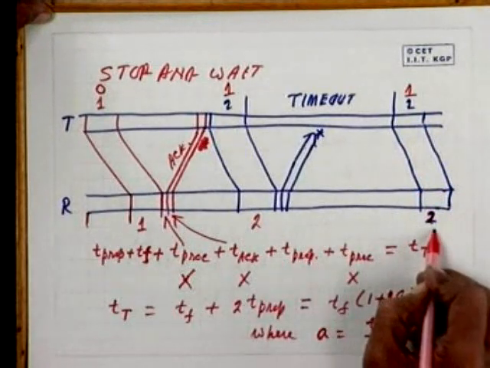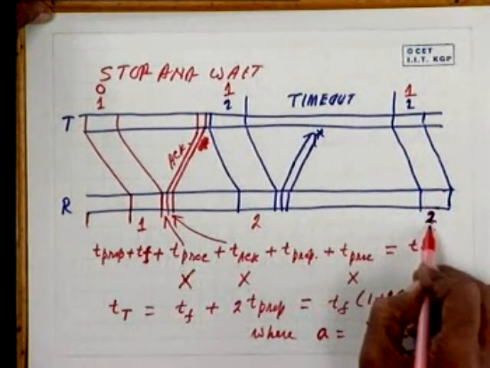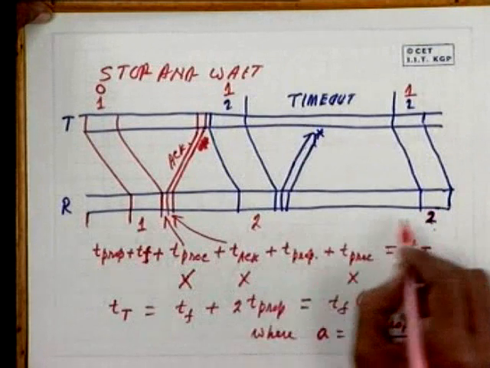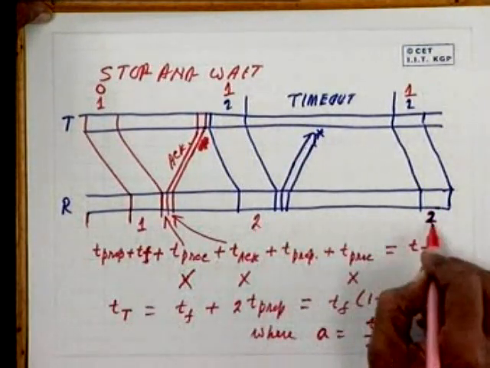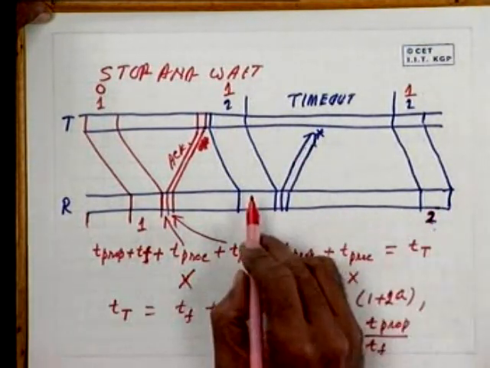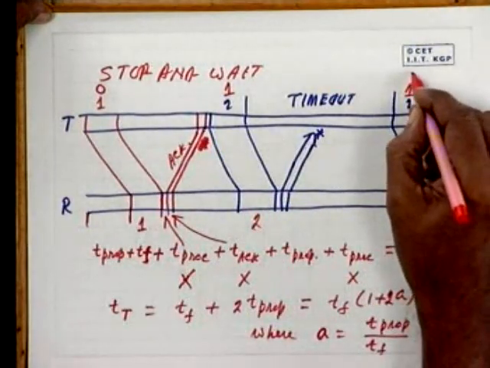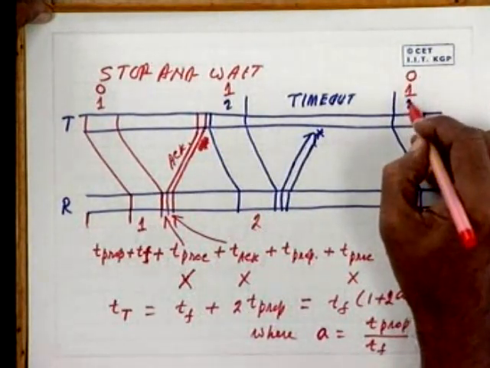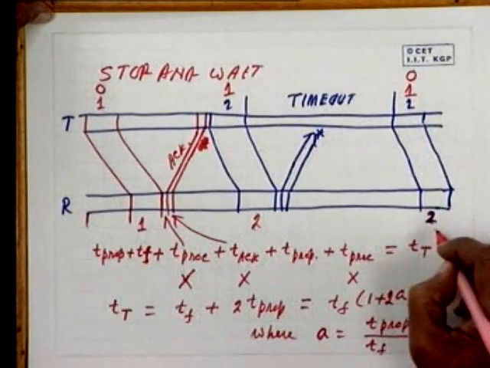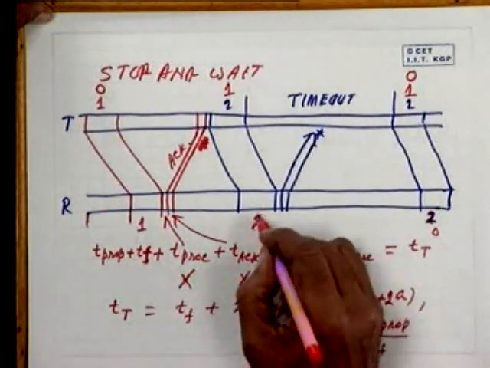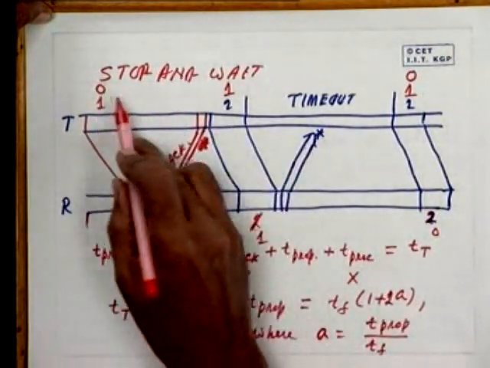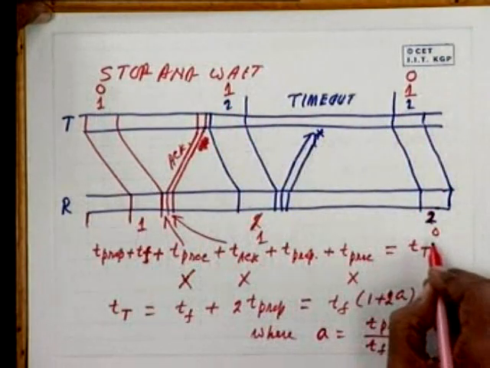From this we find that whenever it is 1 and 1, the receiver knows that they are the same. On the other hand, if there was no error, the receiver should have received frame number 0 after 1, because this is 1. Now we have renamed them as 0, 1 and so on.